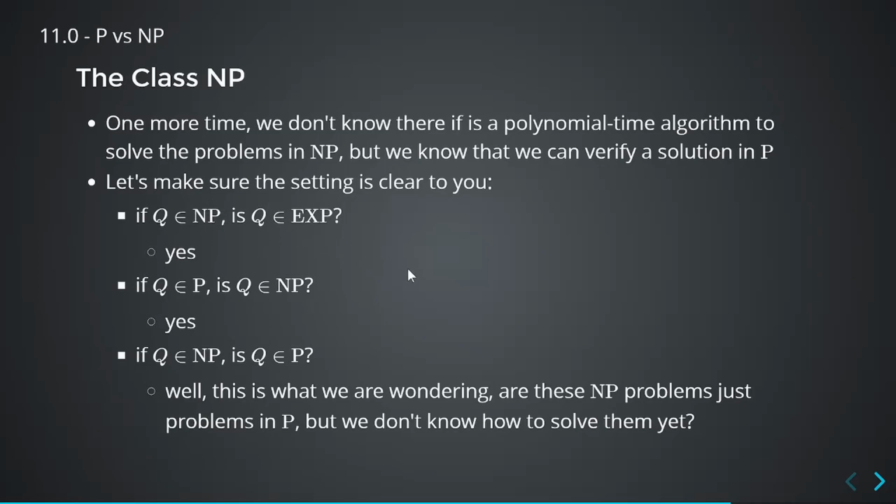Now, if the problem is in P, is it also in NP? The answer is yes. If a problem Q is in P, then you can solve it in polynomial time. And what does being in NP mean? Well, at least for now, we're going to say it's going to take more than polynomial time because we just don't know, right? We know we can do them in exponential time. So if you can do it in polynomial time, then yeah, it's in NP.